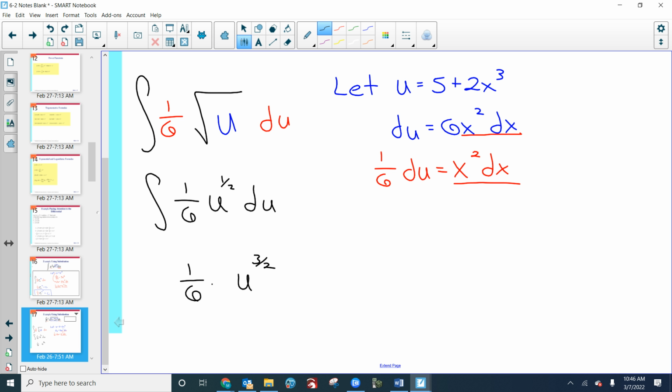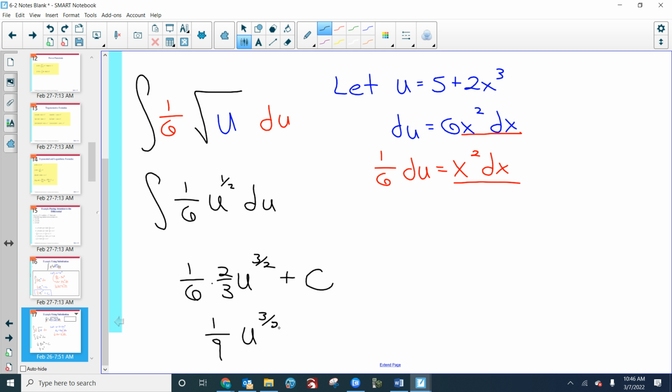Add 1 to the exponent, divide by the new exponent. 3/2, divide by 3/2, which is the same thing as multiplying by 2/3. Plus a constant. What's a 1/6 of 2/3? 1/9. U to the 3/2 plus a constant.